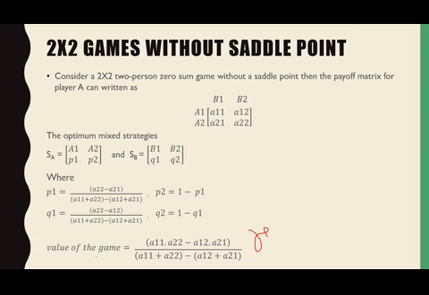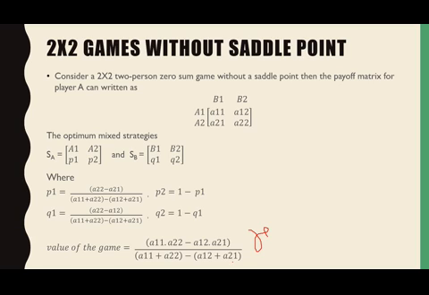So we denote the value of the game by gamma. Gamma is given by principal diagonal product minus secondary diagonal product, divided by sum of the principal diagonal minus sum of the secondary diagonal. So that is A11 into A22 minus A12 into A21, divided by A11 plus A22 minus A12 plus A21.